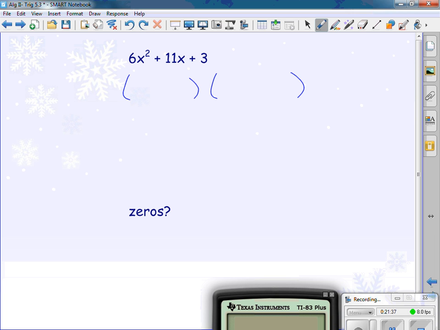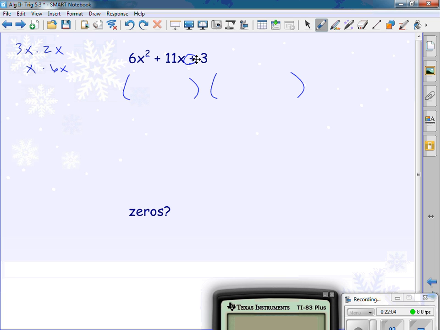When there's a number out front, the leading coefficient, how can I get a 6x squared? 3x and a 2x, or a 1x and a 6x. What does this tell me here?